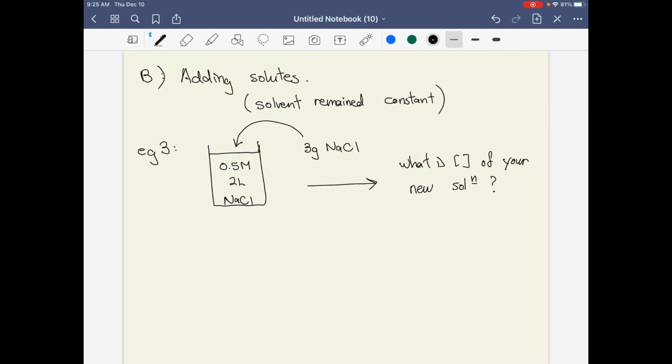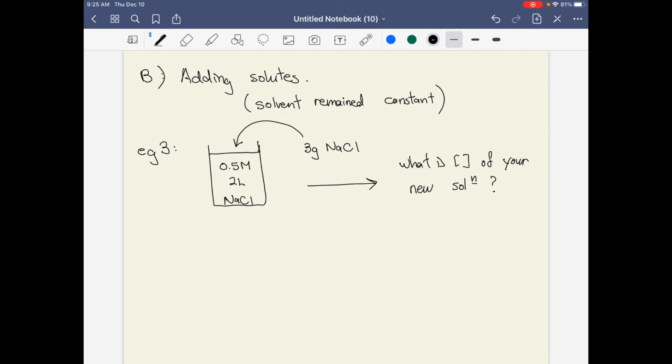Okay, so you know for a fact that you are adding 3 grams of salt into an already existing solution that has a concentration of 0.5. By doing that, you are raising the concentration. So your final answer is going to be higher than 0.5. If not, there is a problem.